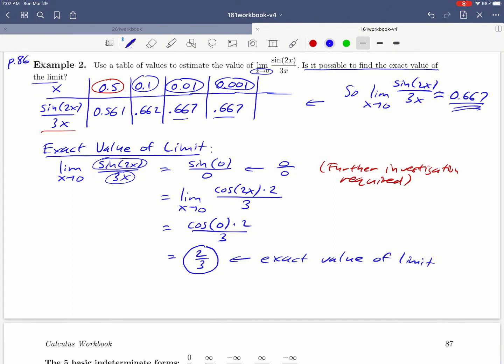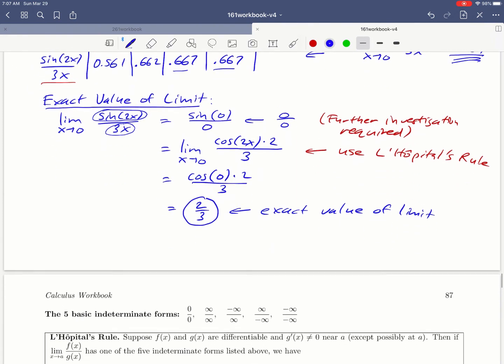Let's talk about this L'Hopital's rule that we were talking about. That's what we really used right here. We're going to describe that method in general on the next page. So let's scroll up here.